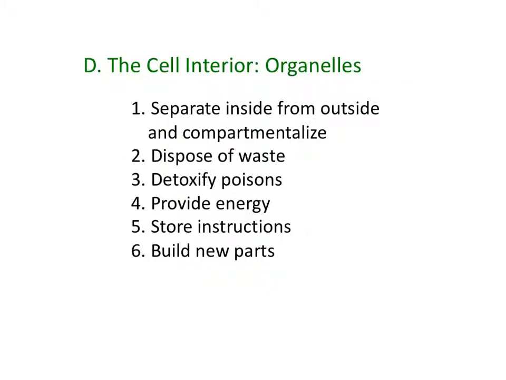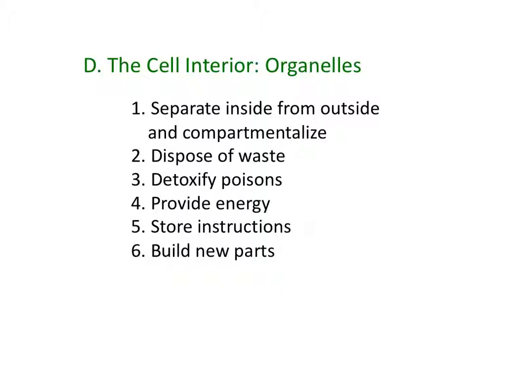The way I like to approach thinking about these organelles, at least for a physiology course, is what are the functions that each organelle needs to do. A cell needs to be able to separate itself from the inside world to the outside world, needs to get rid of toxic waste, needs to detoxify any sort of toxin or poison that it ingests.